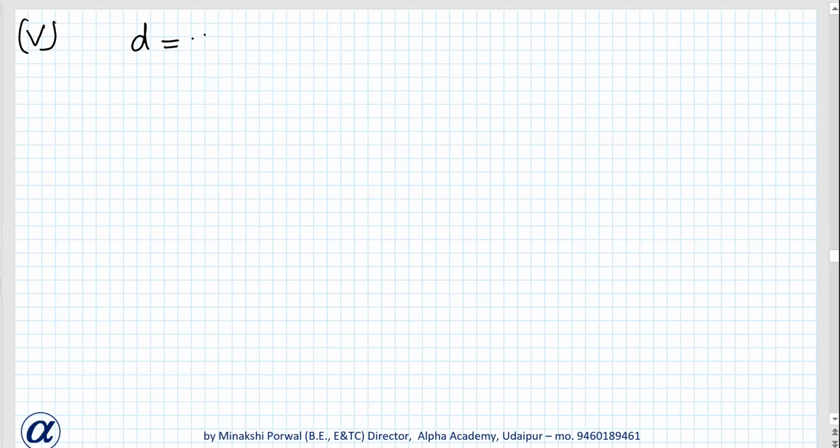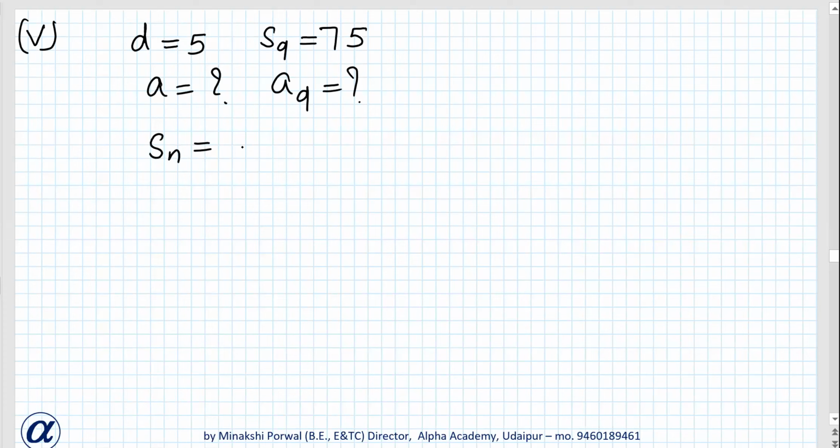D is 5, S9 is 75. We have to find A and A9. Now here D is 5 and S9 is 75.